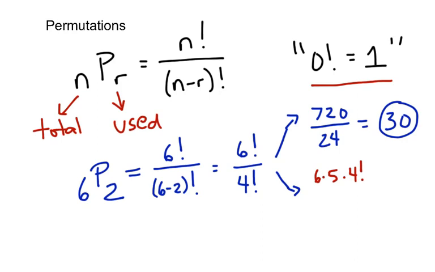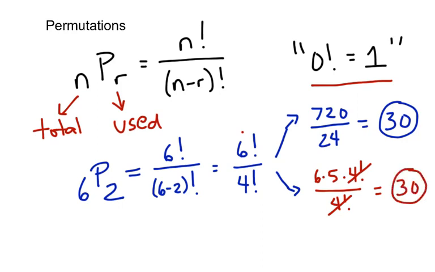Take a second, make sure that you can see how 6 times 5 times 4 factorial is the same as 6 factorial. Once you're comfortable with that, I've got a 4 factorial in the bottom and a 4 factorial in the top. I can cancel both of those. They're just 4 times 3 times 2 times 1 on the top, 4 times 3 times 2 times 1 on the bottom. I can cancel those, which leaves me with 6 times 5, which is 30.